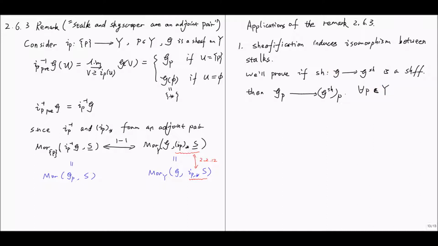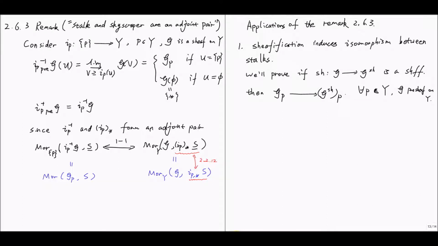Here we are taking G as a sheaf on Y. According to our remark, we have the following identification. Here, the sheafification of G is playing the role of G in our remark. Recall that the sheafification is left adjoint to the forgetful functor.